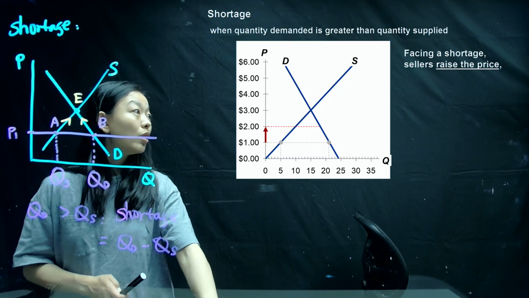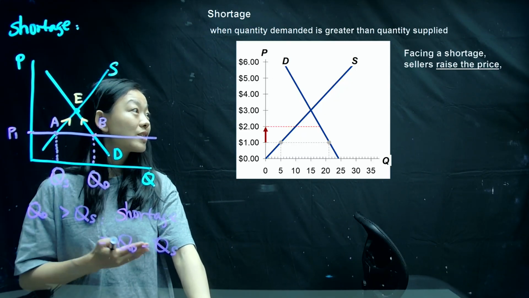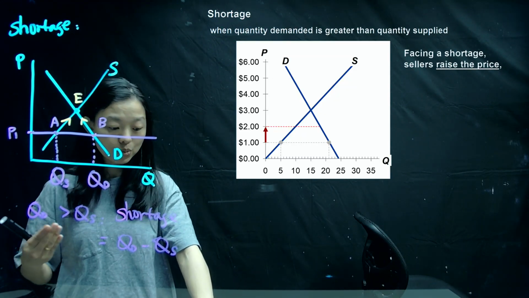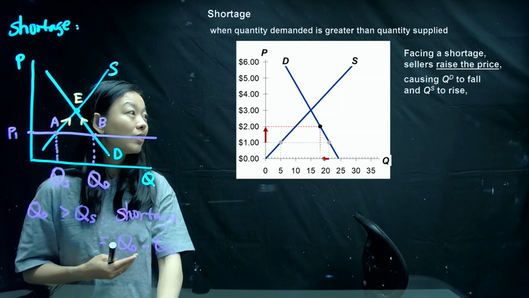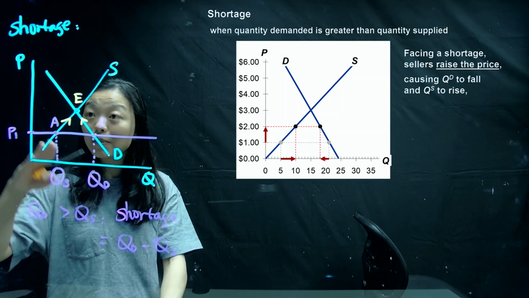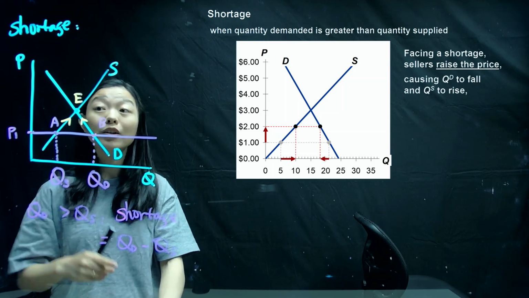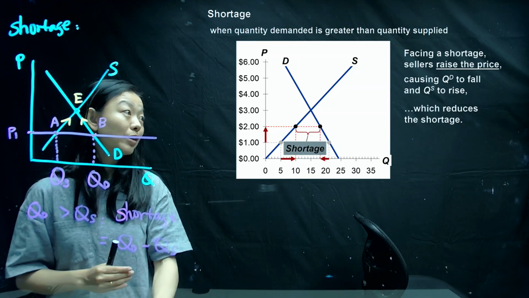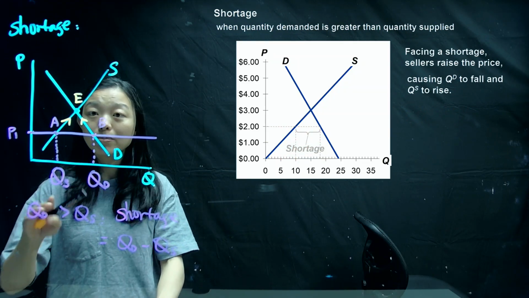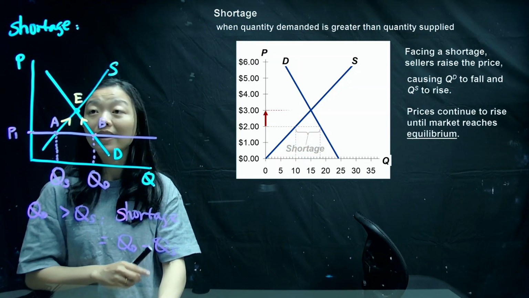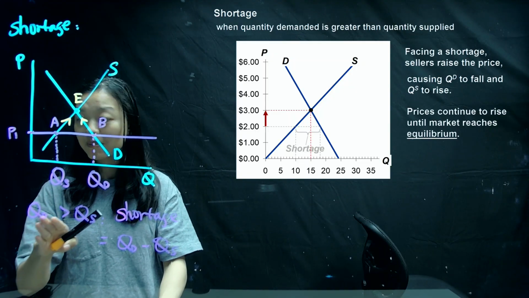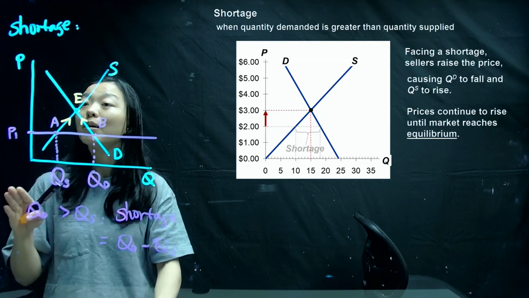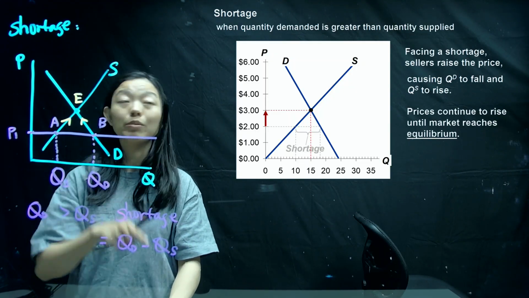So here, facing shortage, sellers can increase the price as well. And then that will make the quantity demand decrease and quantity supply increase and will shrink the shortage. Finally, when the price goes back to equilibrium, we will have quantity demand equal quantity supply, then the market will be stable at this equilibrium point.